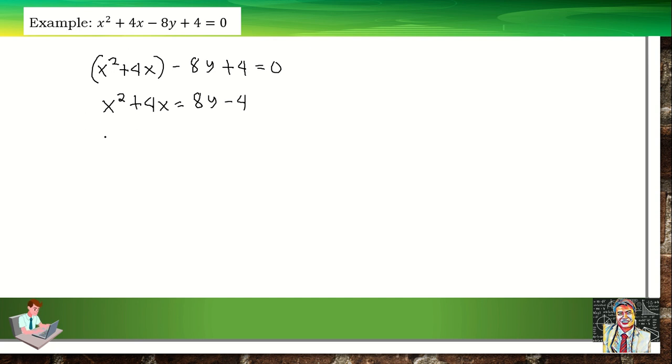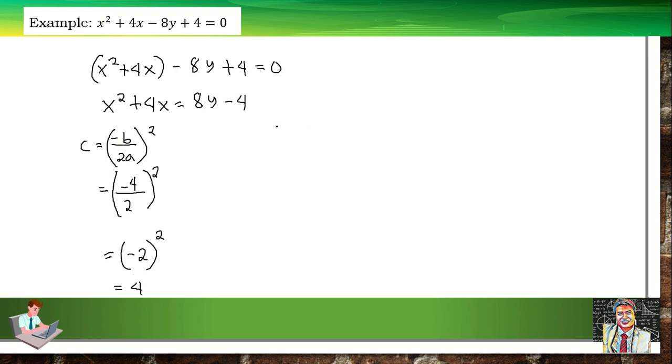And then, next niyan ay, using completing the square, that is c is equal to negative b over 2a quantity squared. So, dire-diretso na natin. B natin is negative 4 over 2 times a natin, which is 1. So, over 2 na lang. So, negative 4 divided by 2, that is negative 2 squared, that is 4, or positive 4.